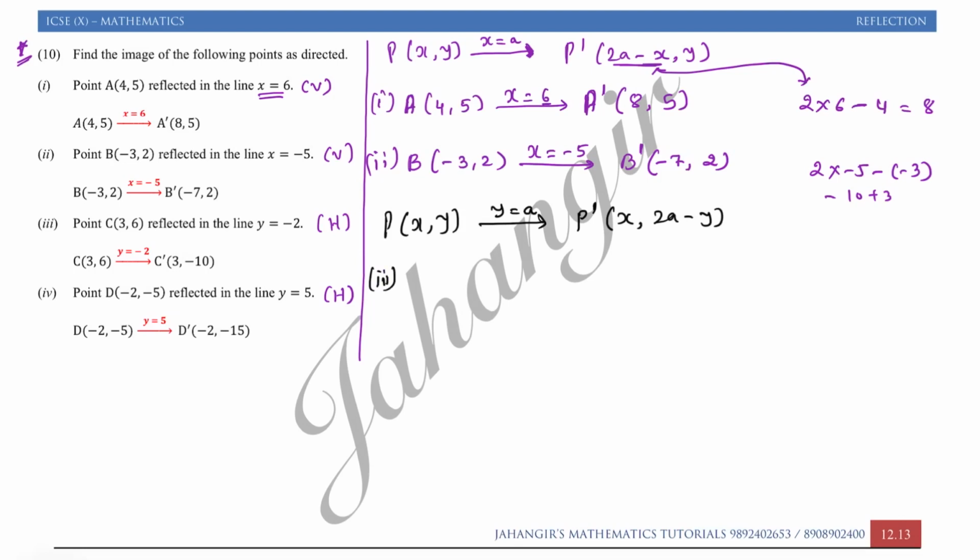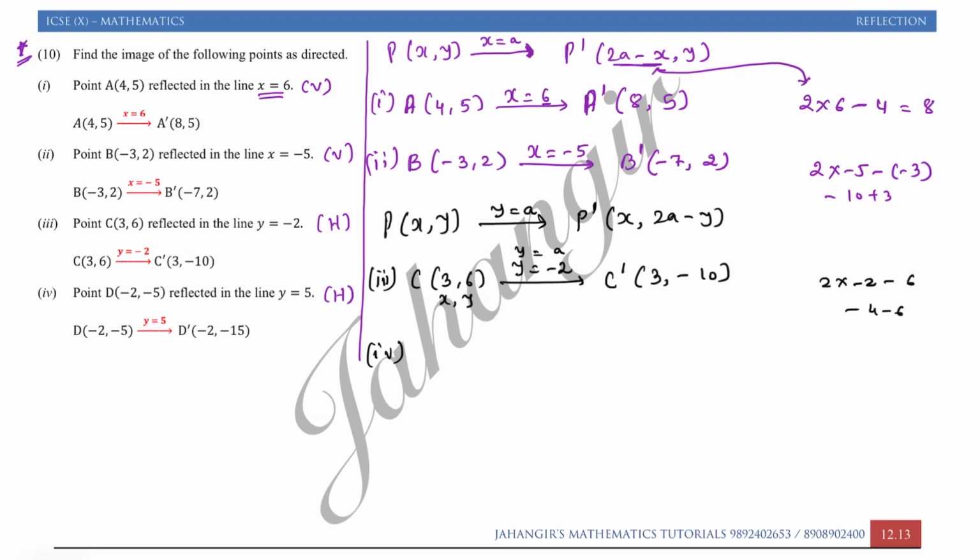So the third one, C (3, 6), when reflected in y equal to minus 2, becomes C dash. X coordinate will remain the same and for the y coordinate I can write 2 into minus 2, minus 6, so minus 4 minus 6 is minus 10.